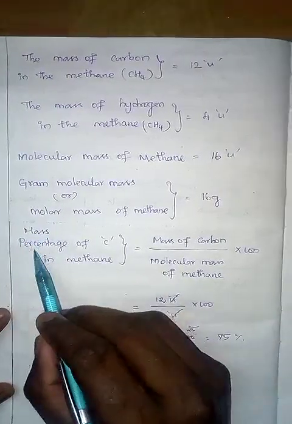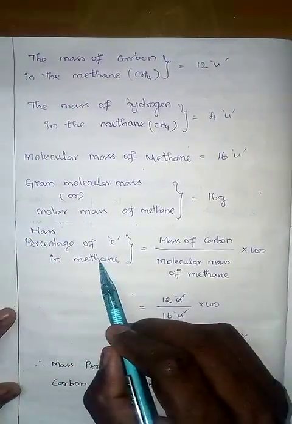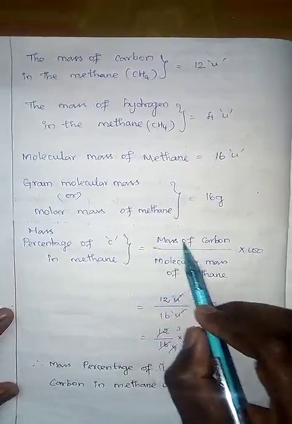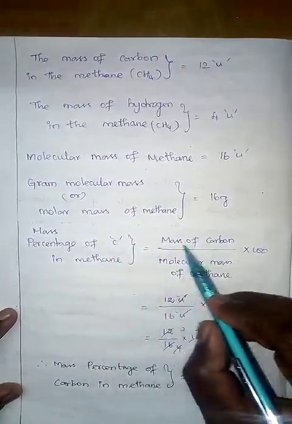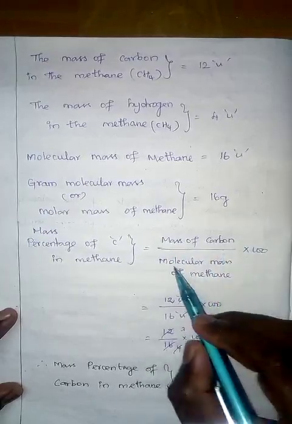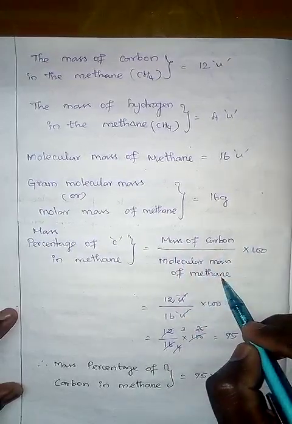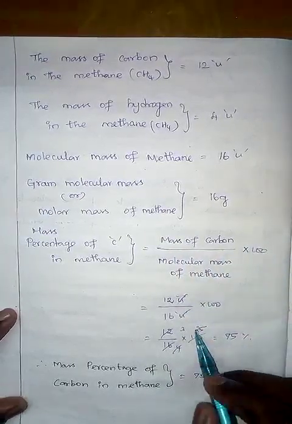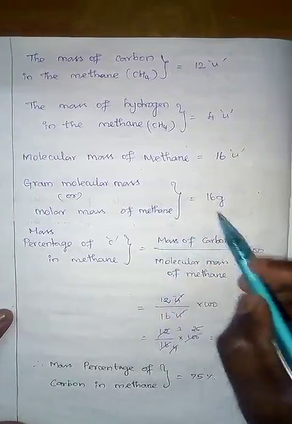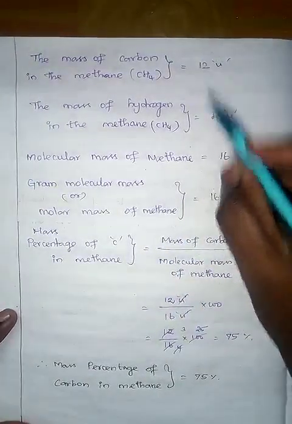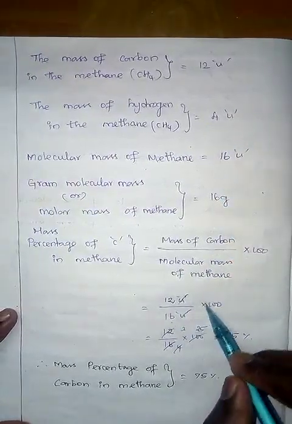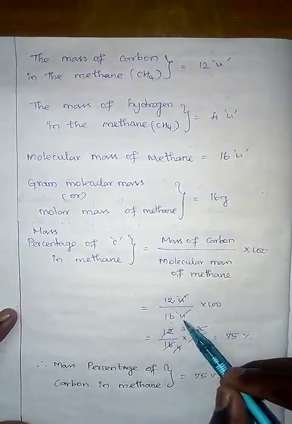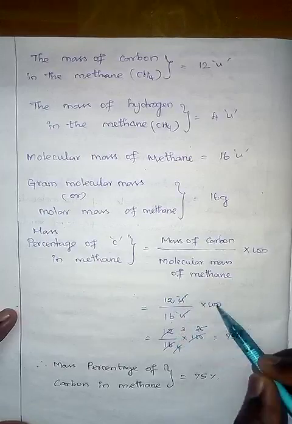Now, the mass percentage of carbon in methane is equal to the mass of carbon, because we are going to calculate carbon, divided by the molecular mass of methane into 100. What is the mass of carbon in methane? 12 u. The molecular mass we have calculated is 16 u, into 100. So u gets cancelled: 12 by 16 into 100.